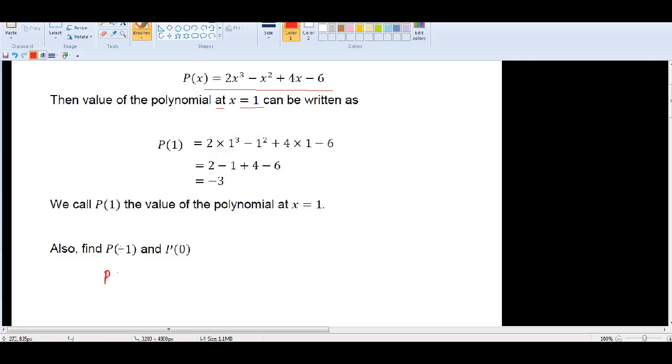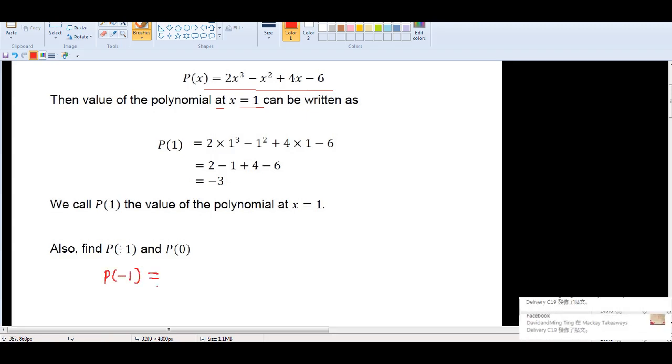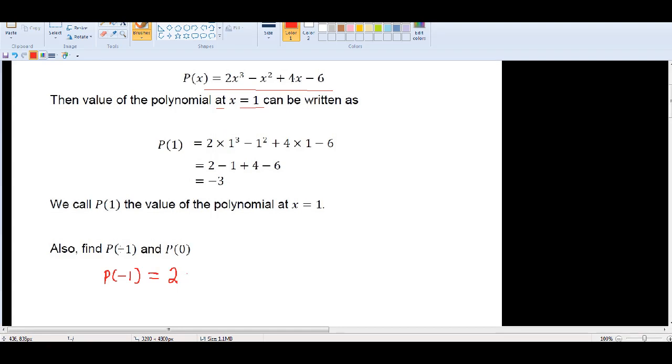So I'm going to write p(-1). Then I'm going to put that minus 1 into x on the right hand side. Be careful about your notation. When you write minus 1 to the power 3, is that good enough? Possibly not. You better put a bracket, because that number is a negative number. If it's a positive number, you could just write 1 to the power 3.